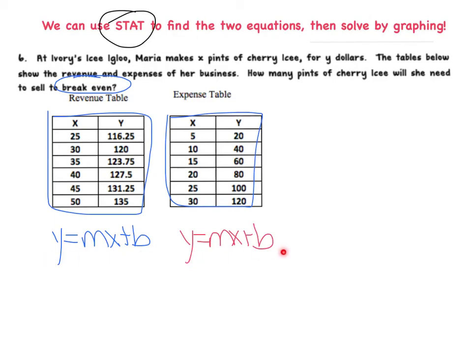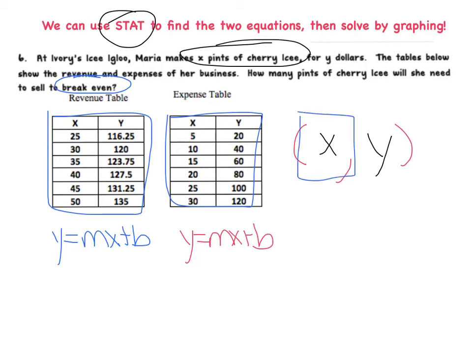Once we have the two equations, you guys know we can solve this by graphing in our calculator and find where the two points intersect, which gives us the x value and the y value. And her question is, how many pints of cherry icy? Now, cherry icy is what letter? X. So that's the value that we're going to be looking for as our final answer.